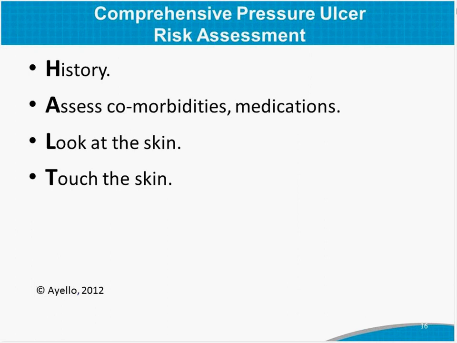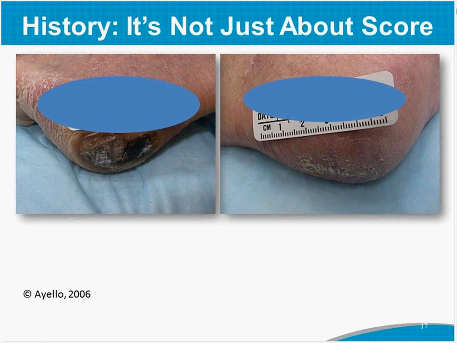We know that when a patient has had a pressure ulcer, they are at higher risk for injury to tissue because the tensile strength of that tissue is never the same as unwounded skin. We need to assess comorbidities and medications for the patient. We need to look at the skin, see what it looks like, and we need to touch the skin, particularly looking at skin temperature. And we're going to talk just a little bit more about each of these areas.